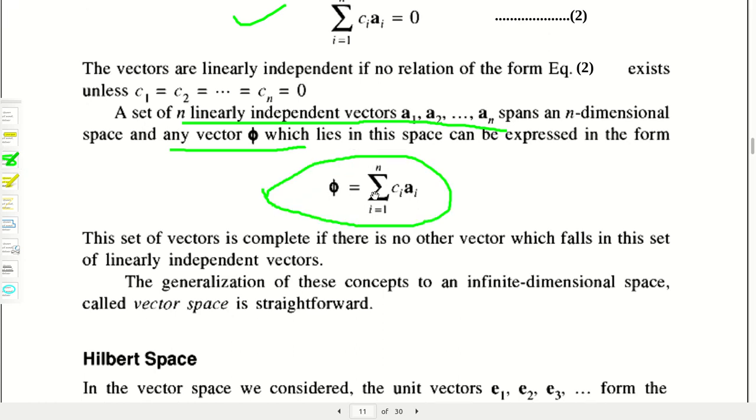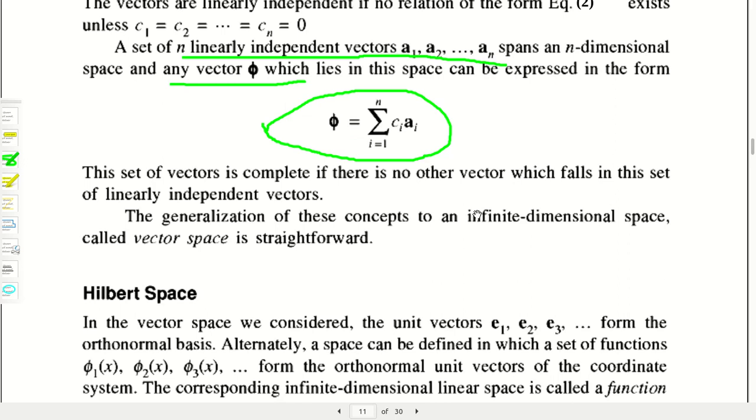Phi is a vector which is written as sum over i from 1 to n of ci ai. So this is the generalized form of n-dimensional vector space, and how any vector can be written in n dimensions as a basis set expansion of n linearly independent vectors. This is the knowledge you can get from here.